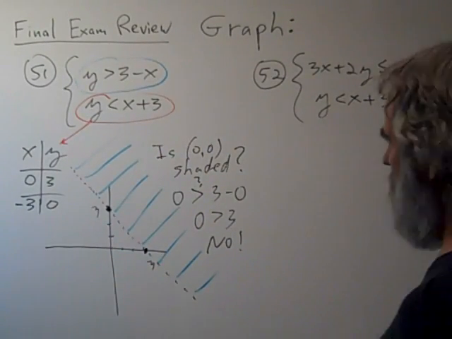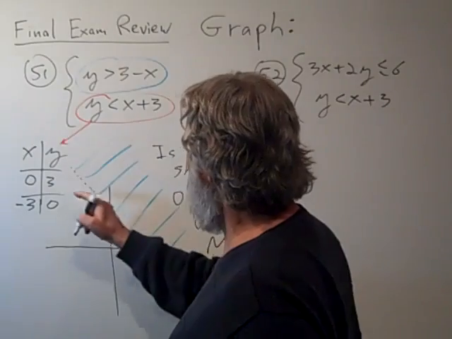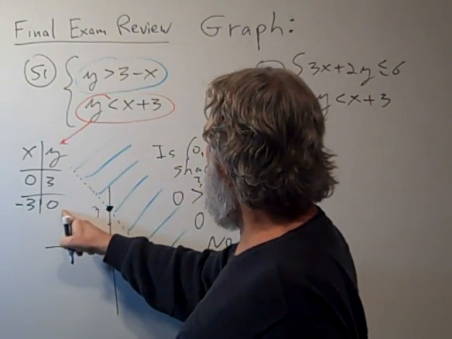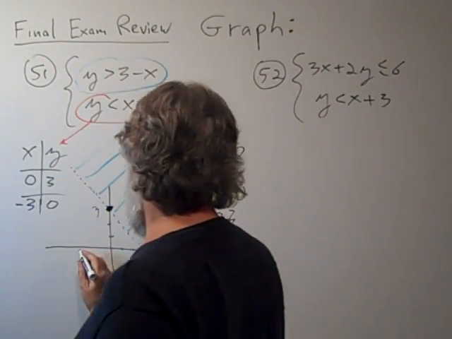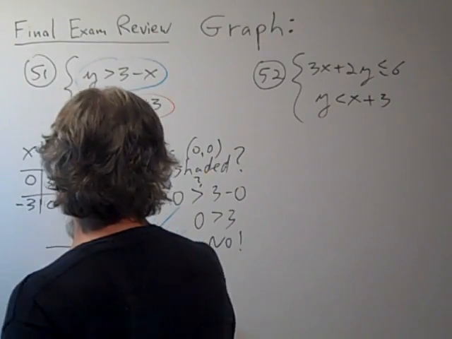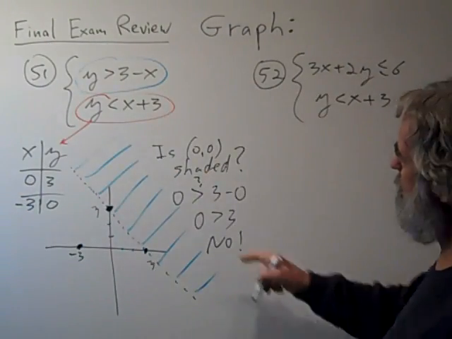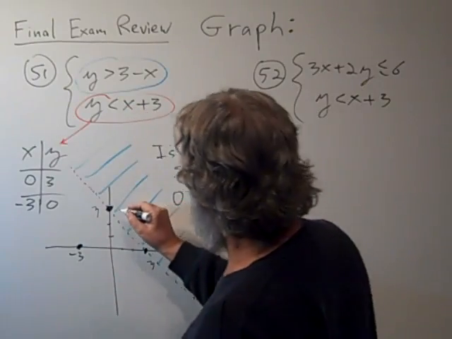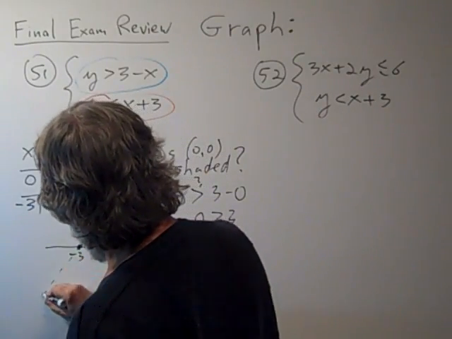So 0, 3 is the same y-intercept as the first line. And negative 3, 0 is right here at negative 3, an x-intercept. So this line, also a dashed line because it doesn't have or equal to, goes through these 2 points.